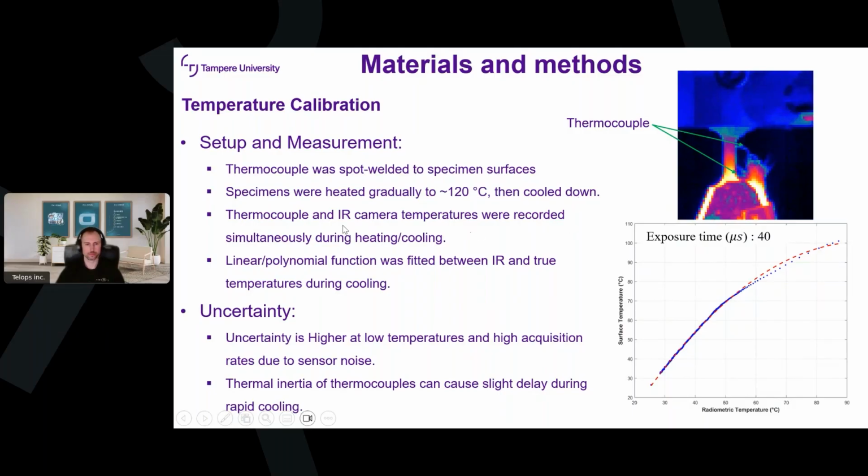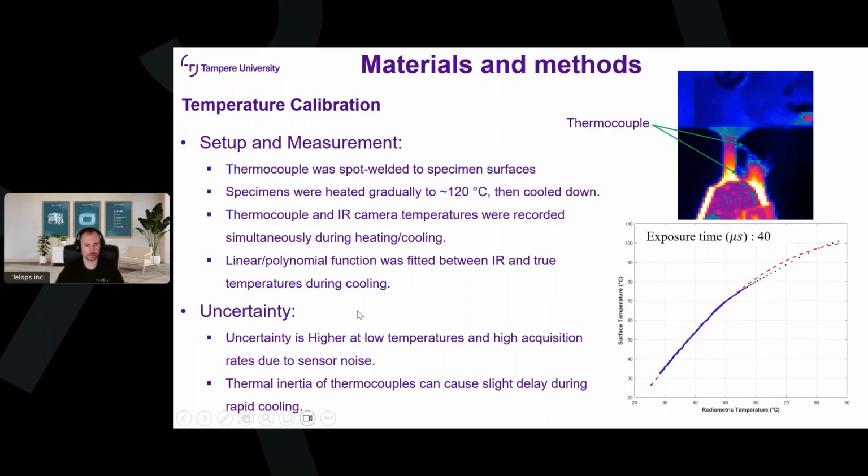At the same time, we measured the temperature of the specimen by thermocouple and IR camera, and through this figure we fit a linear or polynomial function to get the real surface temperature.